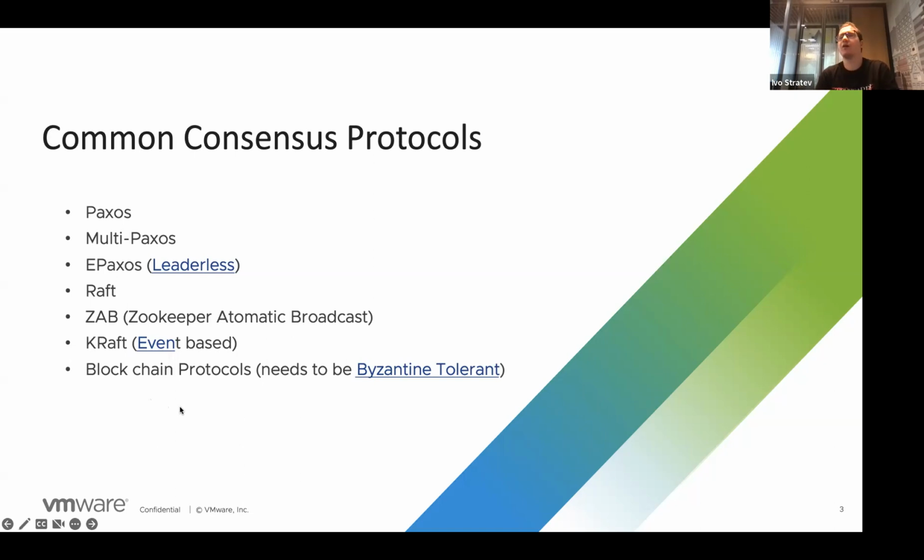And we also have a whole family of algorithms which deals with consensus in blockchains, but the tricky part is that those consensus protocols need to be Byzantine tolerant. What we mean by Byzantine tolerant is that we usually talk about having the protocol be able to tolerate random or any kind of behavior in the systems.